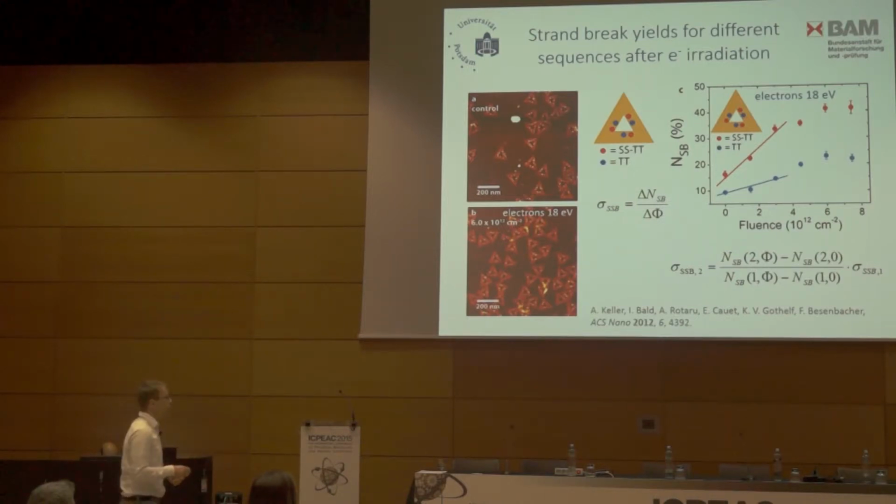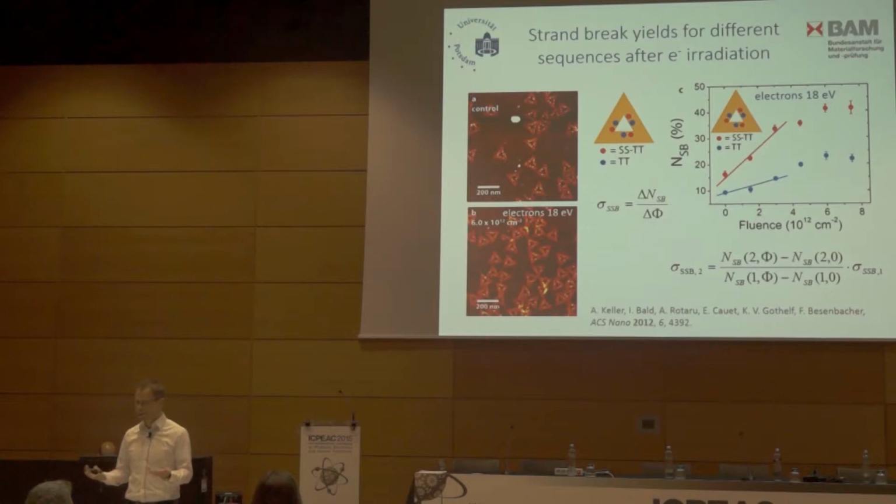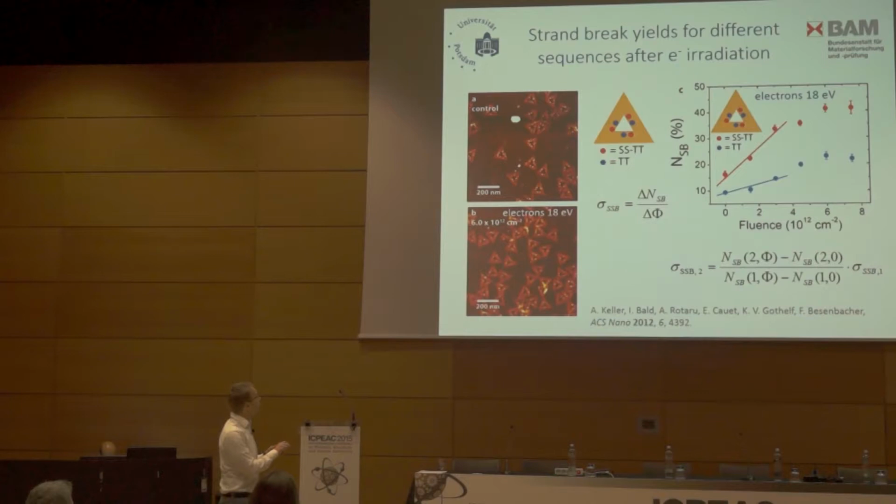We have different cross-sections, and these differences can be attributed to the difference in the sequence. This was only a disulfide bond that we introduced for a test experiment to see how we can sensitize the DNA, because it is well known that a disulfide bond breaks easily when it reacts with electrons.